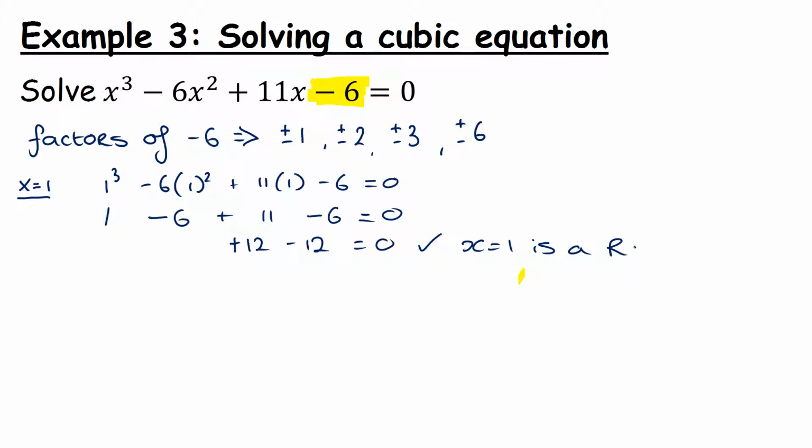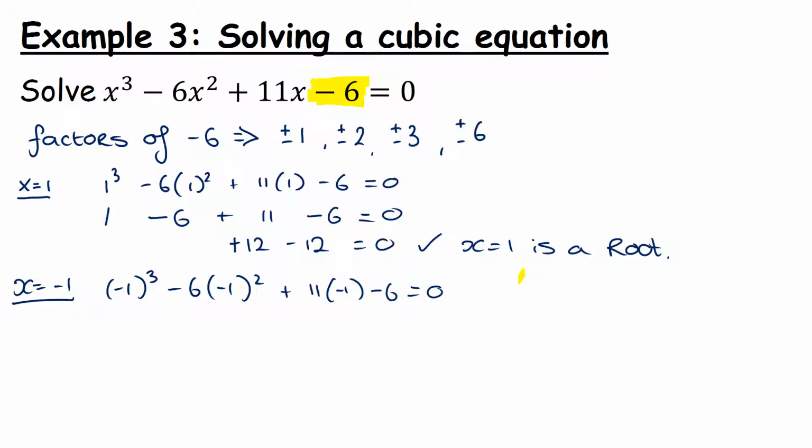Now we will not always be that lucky, and we would have to keep going. So let's just do x equals minus 1 just so we see what happens. You'll have minus 1 to the power of 3 minus 6 times minus 1 squared plus 11 times minus 1 minus 6 equals 0. So this will be minus 1 minus 6 minus 11 minus 6 equals 0.